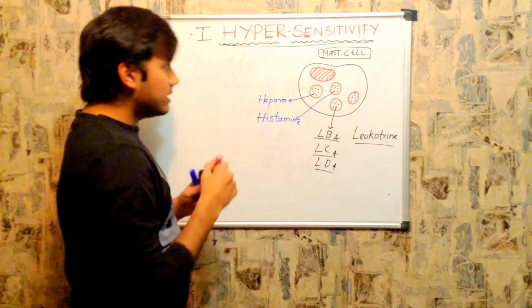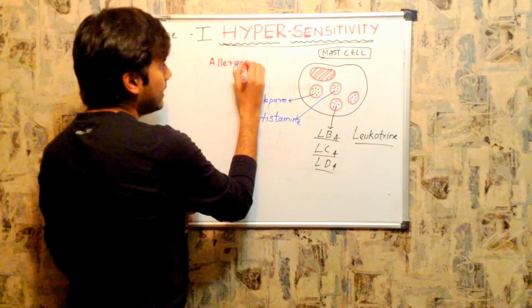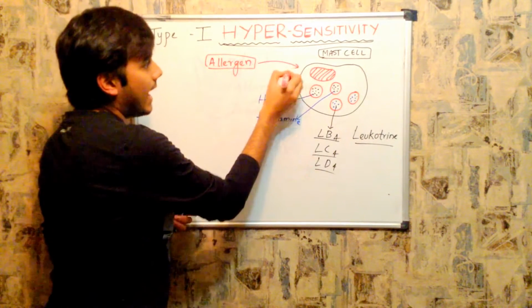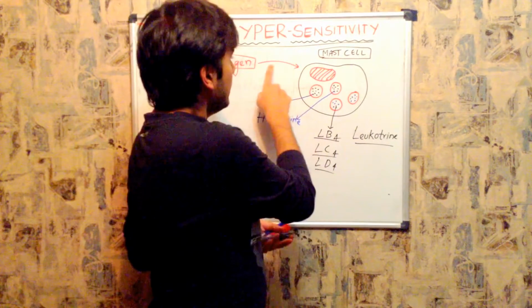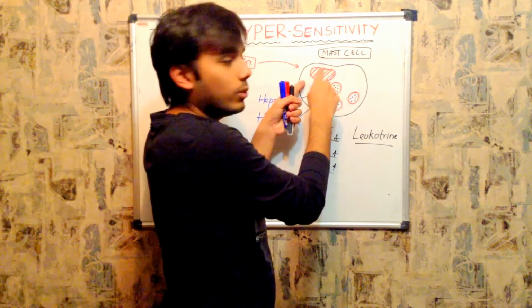So when an allergen or an allergic particle enters your body and activates your mast cells, what happens is that the allergen activates the mast cells, and the mast cell has a nucleus in it.